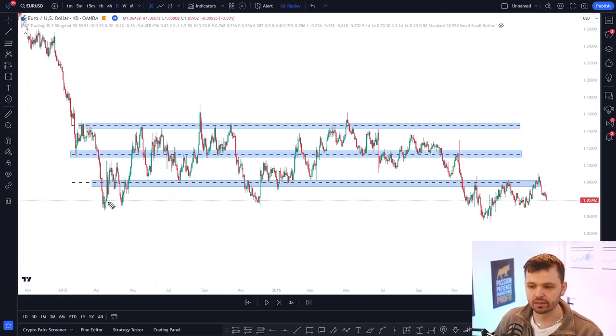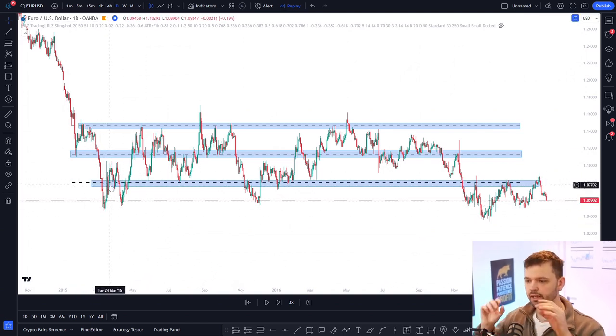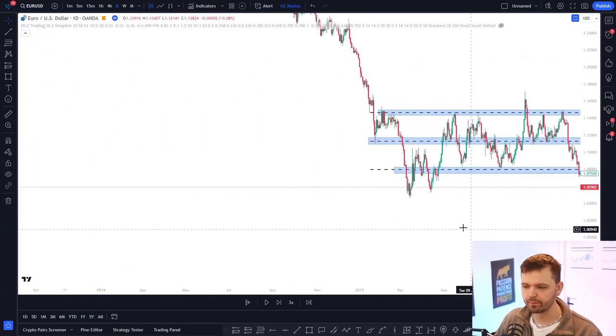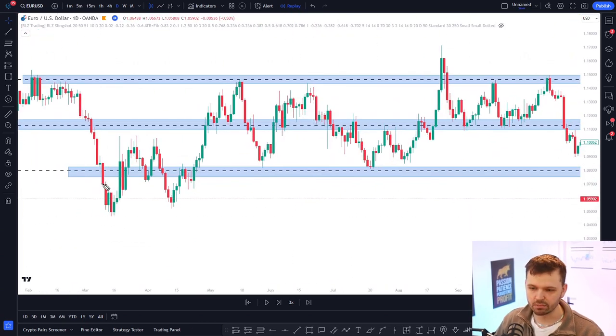You might look for a range on the weekly and the daily, and then you break down. Maybe that's a daily close below the range, a daily candle closing below, or maybe you wait for a daily open and close to make sure it's not a fake out.